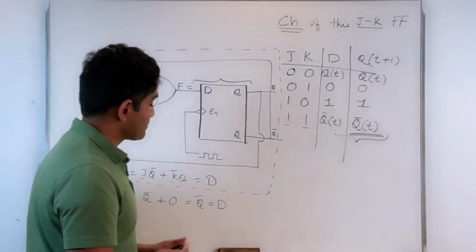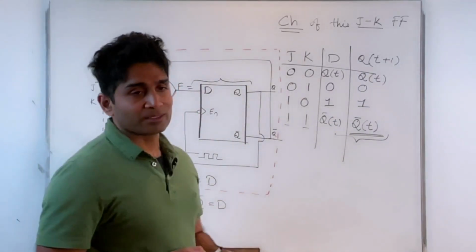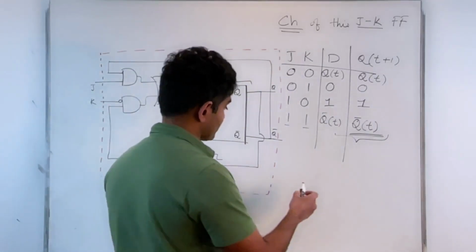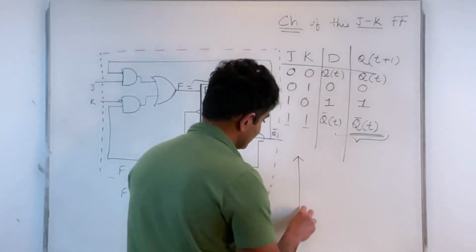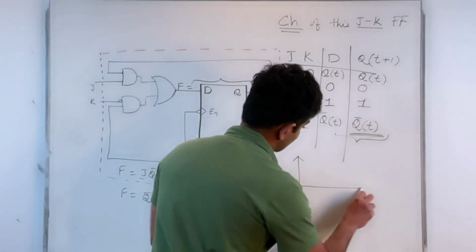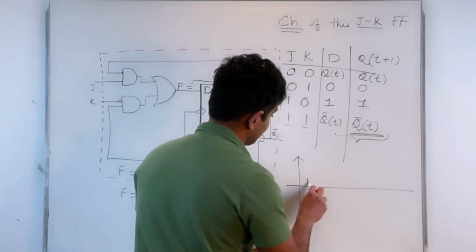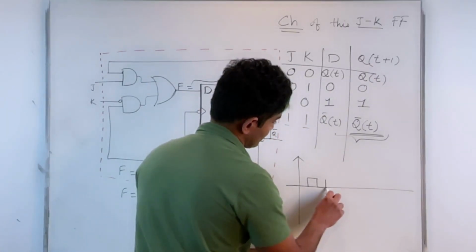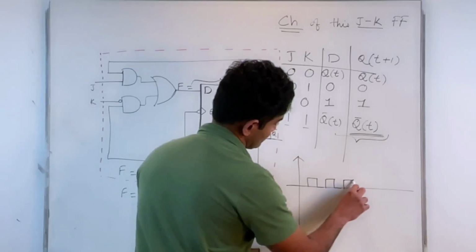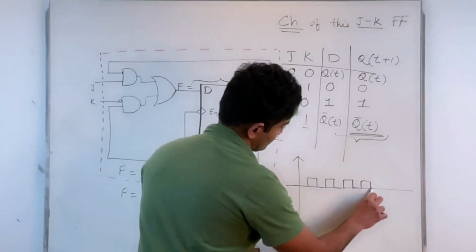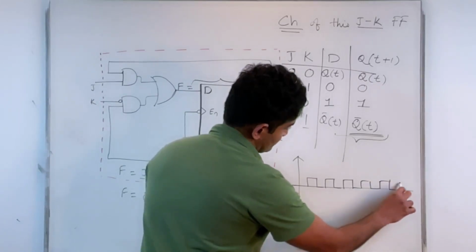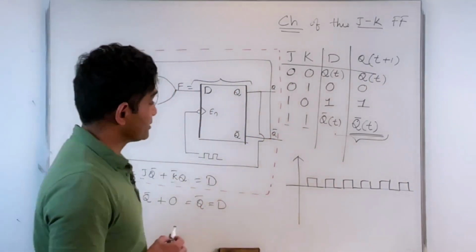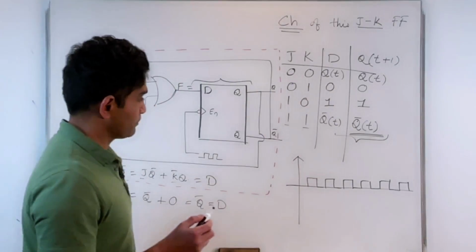Maybe it's much better to show it in the form of a timing diagram. Let's actually do this. Let's say this is my clock. Timing diagrams are very handy, especially for these situations.